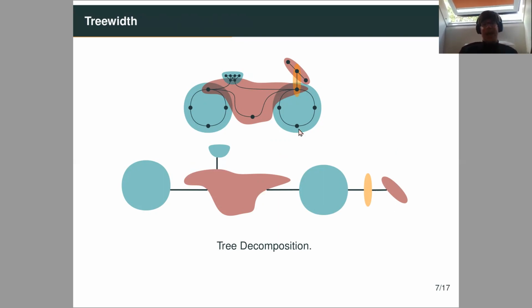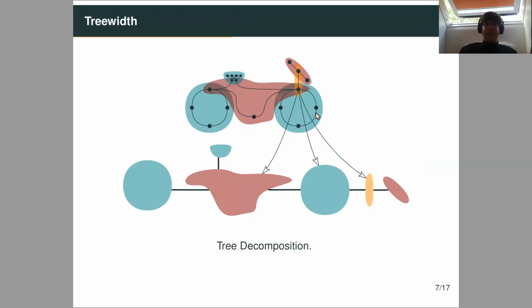And this tree decomposition has to satisfy 3 properties. First of all, every vertex has to be contained in at least 1 bag, which is the case here. Second of all, for each edge of the graph, there is a bag containing both of its endpoints. Also, this is satisfied here. And finally, if we look at every vertex of the graph and the bags that contain that vertex, then these bags induce a connected subtree of the tree in the tree decomposition.